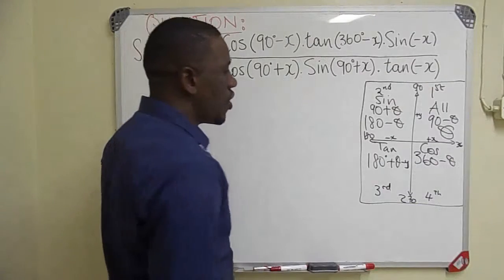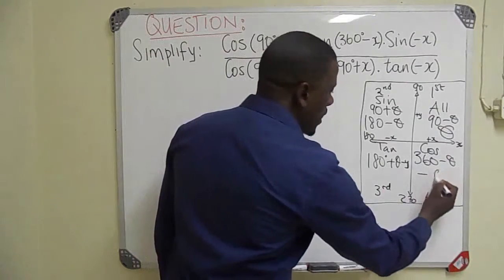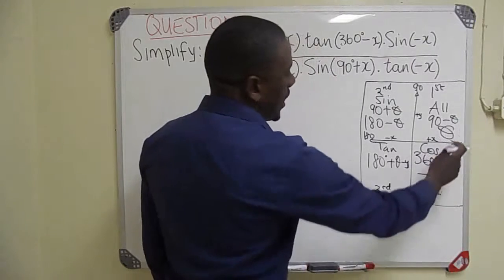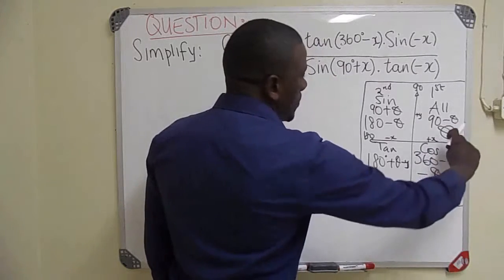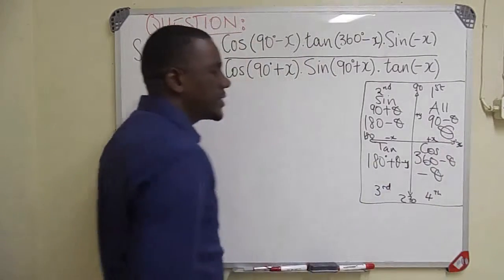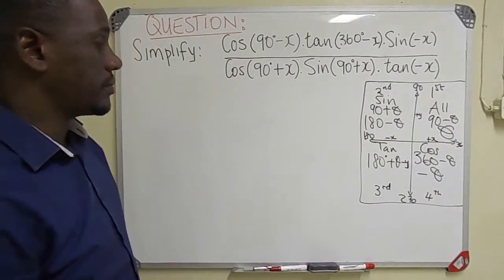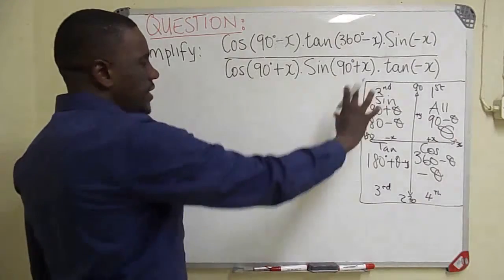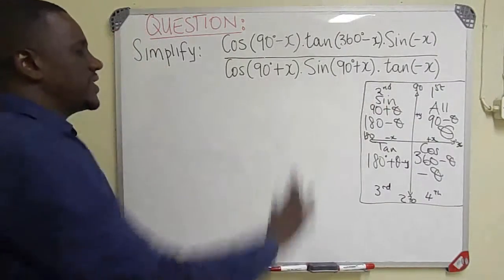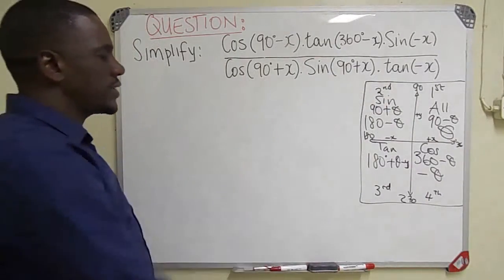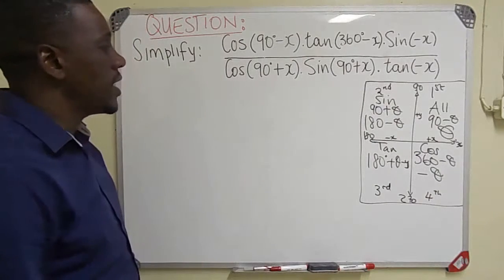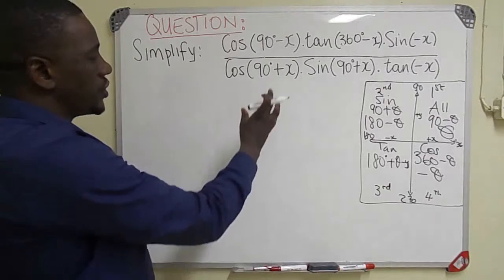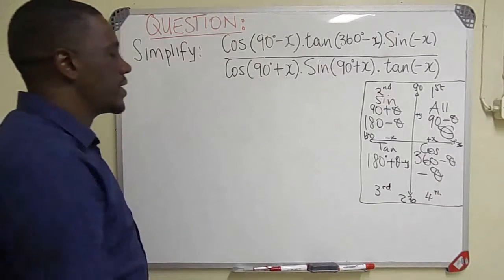And also an angle known as minus theta, measured from 0, comes in the fourth quadrant. So when answering this question, we need to take information from our CAST diagram. It shows us where the ratio is positive and where the ratio is negative. Each ratio is positive in 2 quadrants.